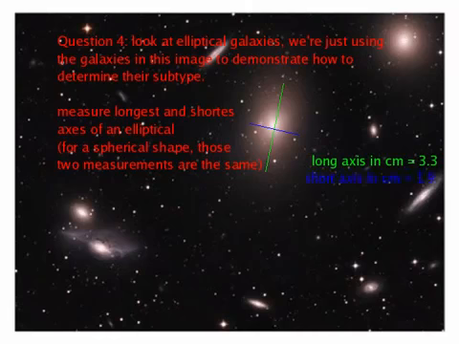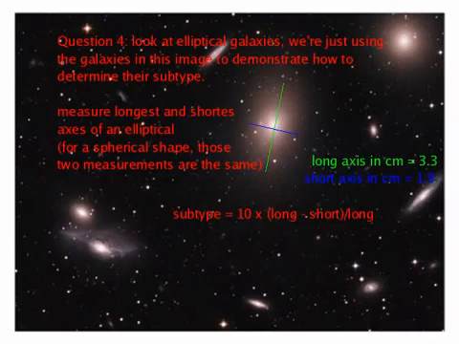Okay, so then you would determine the subtype. I'm going to go back to red. Okay, and the formula is the longest minus the shortest divided by the longest. So let's go ahead and plug that in.